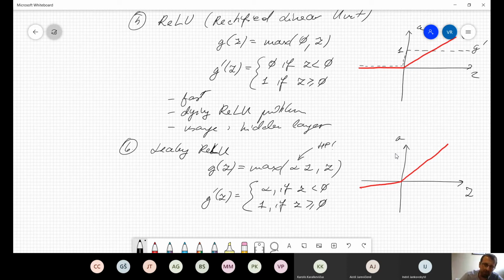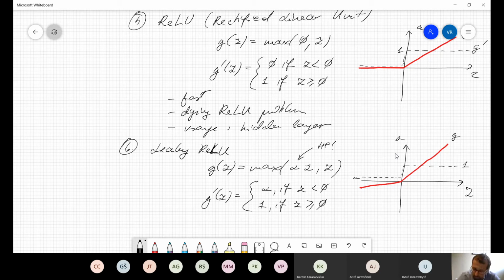This allows a single neuron, or part of a neural net, to recover and start outputting something again. So for this derivative we have 1 here and alpha here.